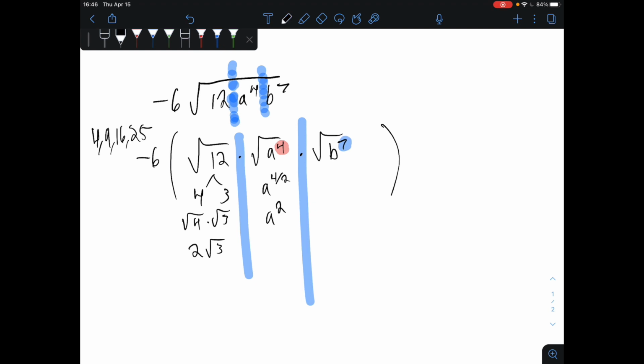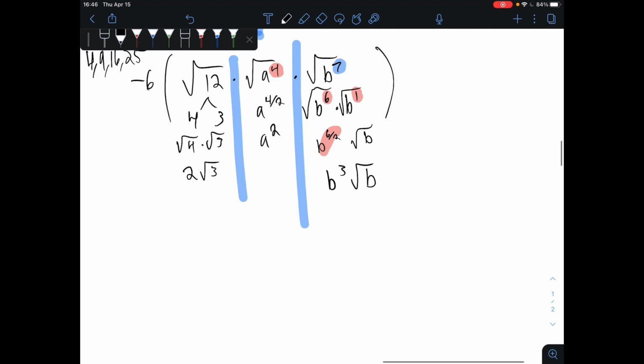We have b to the 6, which is our even number, multiplied by b to the first, which is our odd number. Now these each get their own square root. So it's b to the 6 over 2, and b to the 1 over 2 is just equal to the square root of b. So this simplifies down to b to the 3rd square root of b.